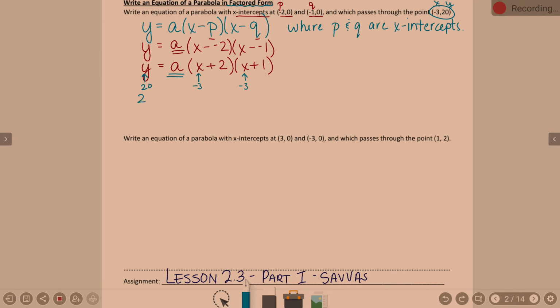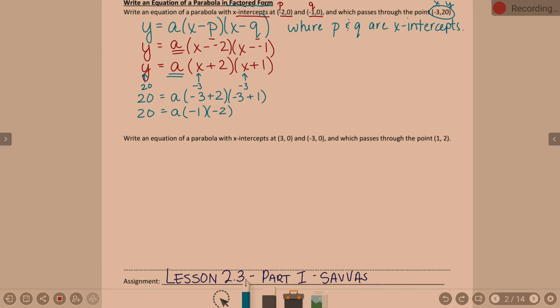So 20 equals A times -3 plus 2 times -3 plus 1. Do some math, right? 20 equals A times -3 plus 2 is -1. -3 plus 1 is -2.